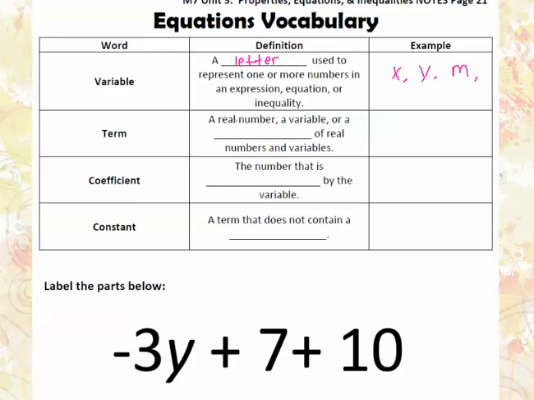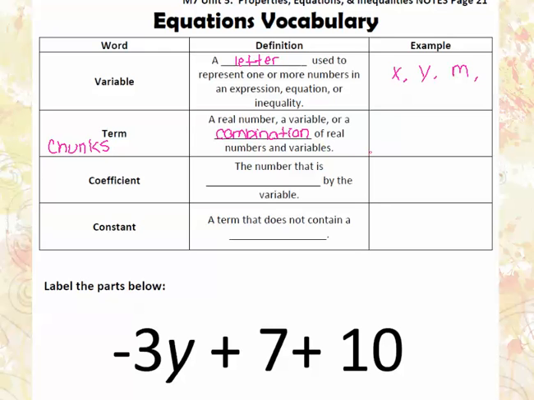A term is a real number, a variable, or a combination of real numbers and variables. So I like to refer to the terms as the chunks of the problem.